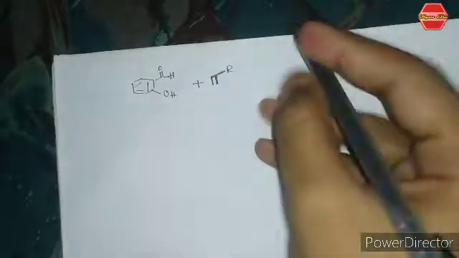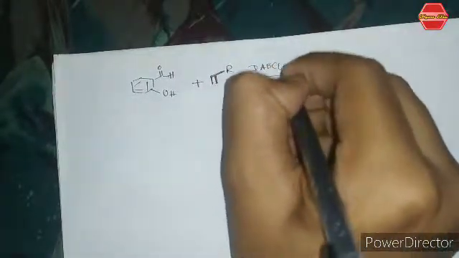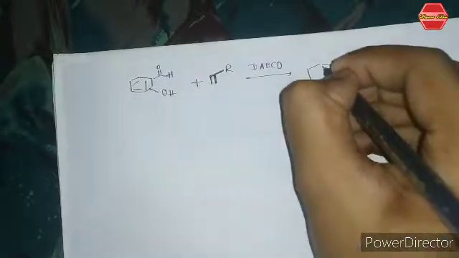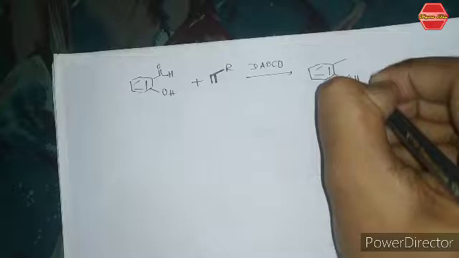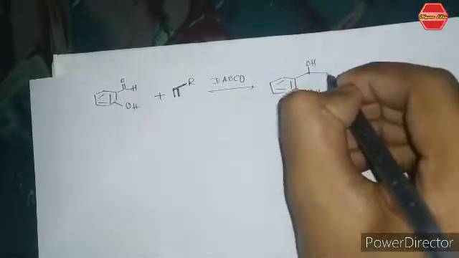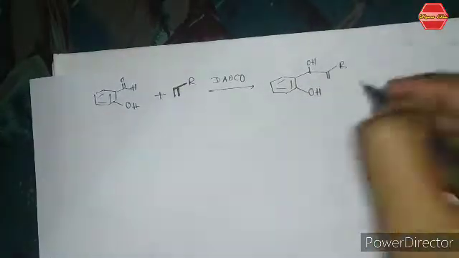And if you add this type of compound, where R is any kind of ester, like CO2Me or CO2Et, in the presence of DABCO, you all know what will be our product. Now see, our product should be like this. Here is your OH, it's a double bond, this is your R. So you all know this is our product.